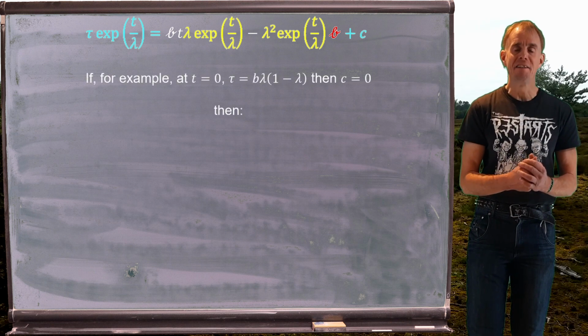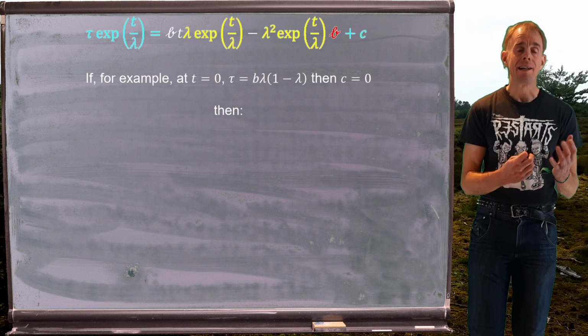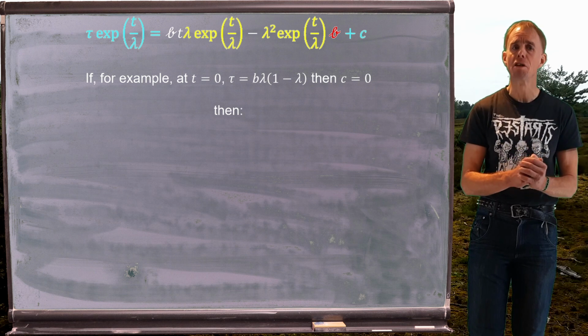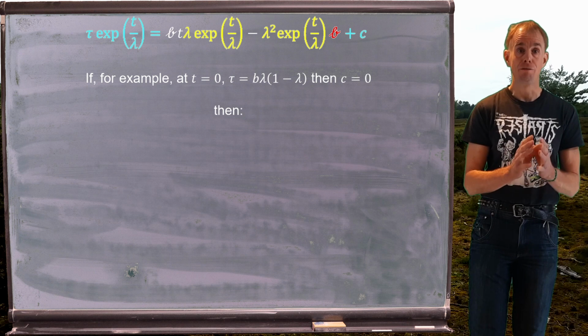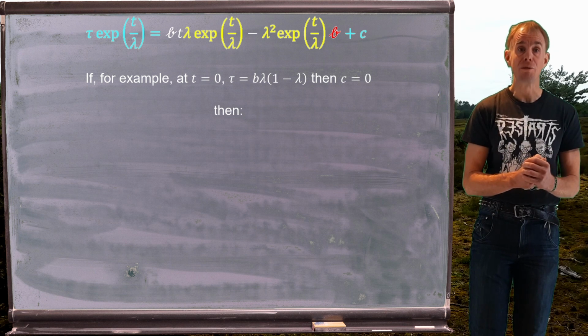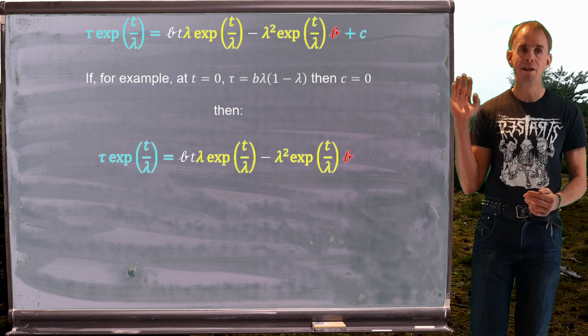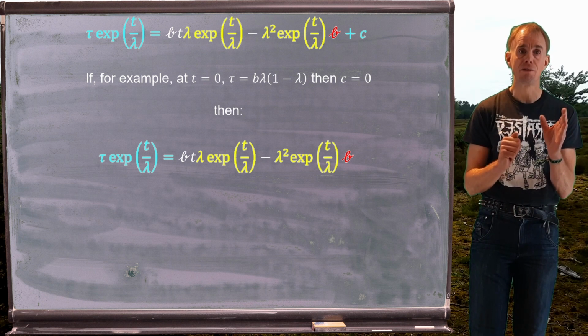So, again, a slightly cunning choice of initial condition: that at zero time, tau is equal to b lambda times one minus lambda. If we just so happened to have that initial condition, then rather conveniently, c will equal 0. In which case, I can simply write out the left-hand side equal to the right-hand side without c.